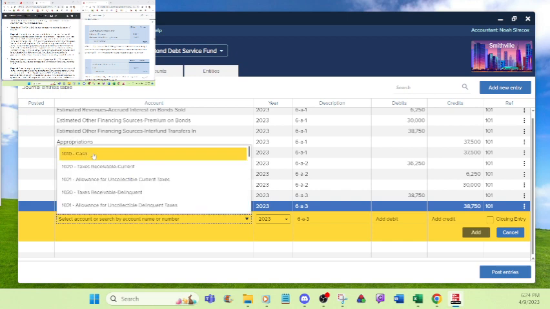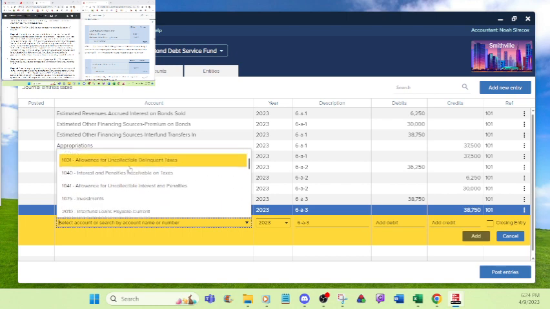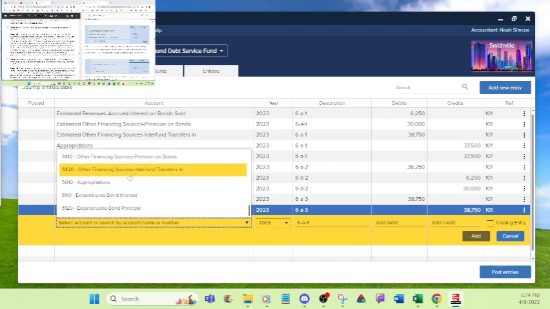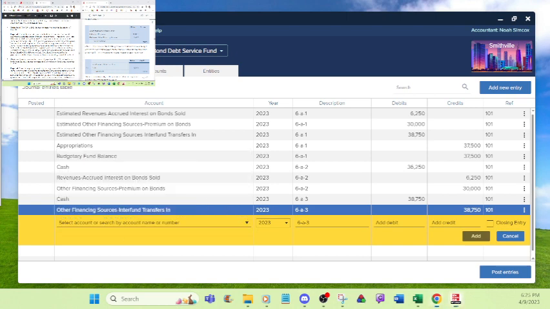Are you recording payment of interest here? Would it be expenditures? Is there going to be bond interest and principal here? How much is this? This is just an interest payment. It doesn't say anything about principal.